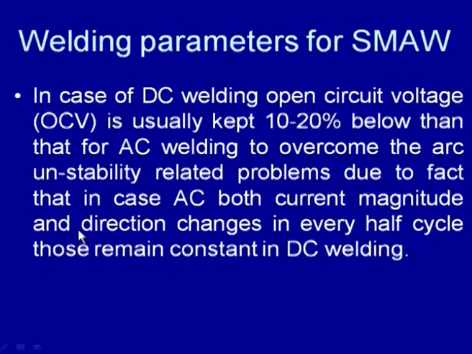In AC welding, the stability problem is greater because the current magnitude and direction both change in every half cycle, and this creates the problem of poor arc stability. That is why AC welding requires a higher open circuit voltage than DC welding, and therefore we normally set a higher open circuit voltage when AC welding is performed.